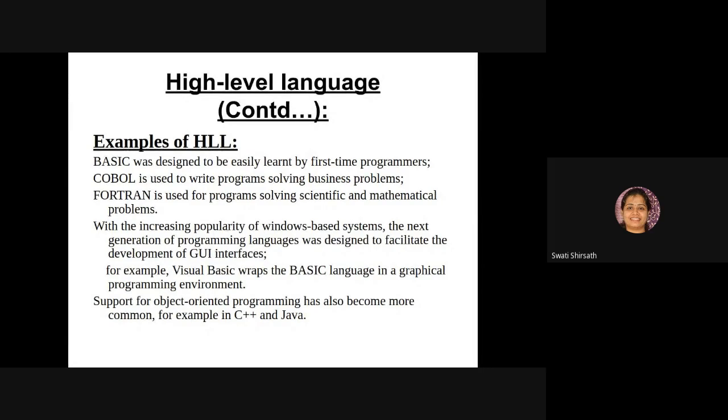So 10 lines of code are converted into 1 line. If I ask you to write an addition program, it will be just 1 line in Python. To multiply 2 numbers, it will be just 1 line of code. So for teaching purposes, it is not that good, and for logic building also it is not good.